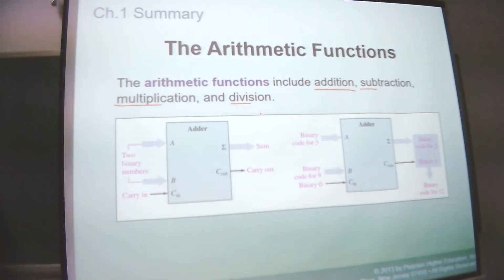Addition, subtraction, multiplication with this symbol, and division is this symbol, or that.